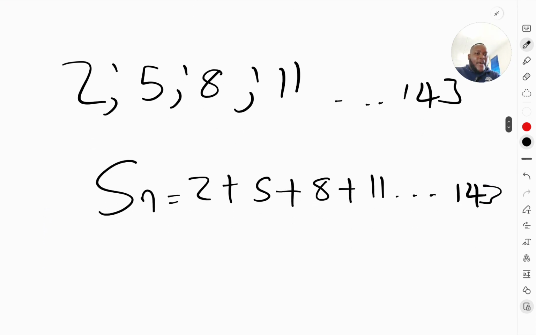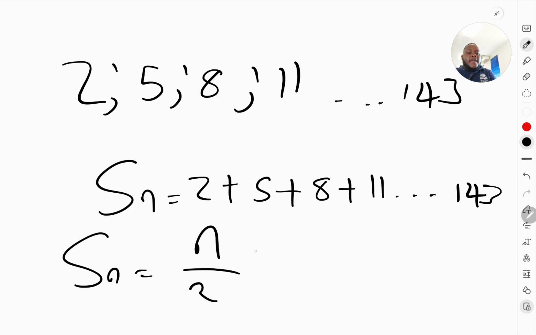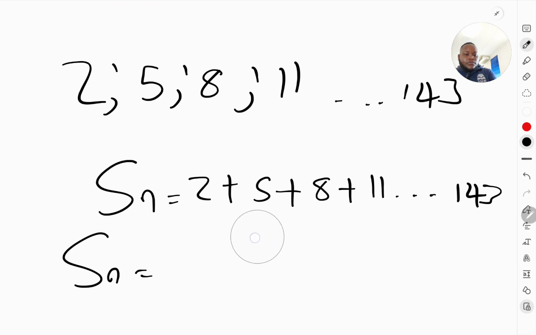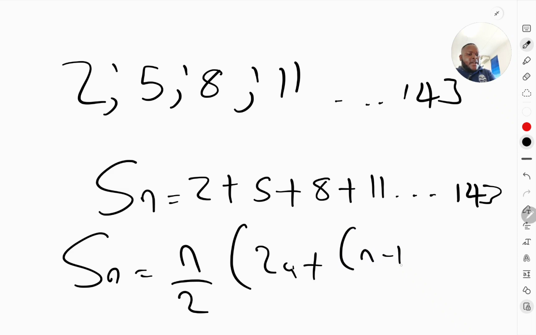Now the formula for Sn of an arithmetic sequence is given as Sn equals n over 2, open bracket, a plus the last term. Or it is given as Sn equals n over 2 times 2a plus n minus 1 multiplied by the difference.